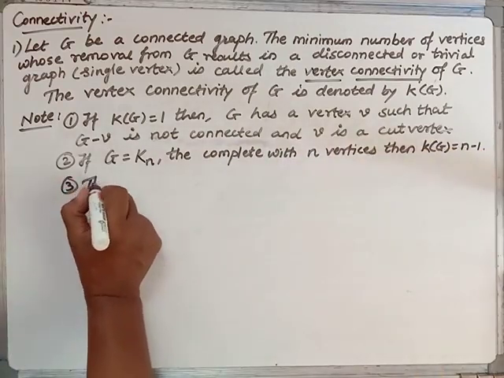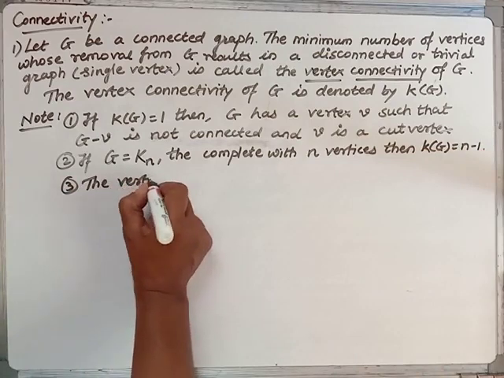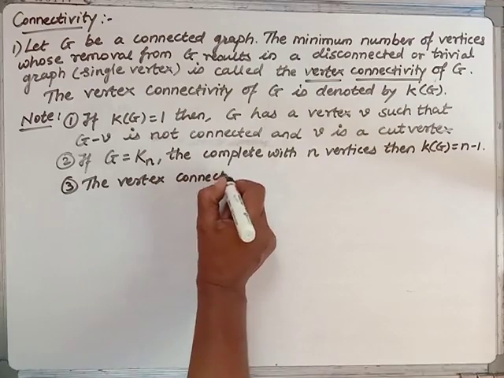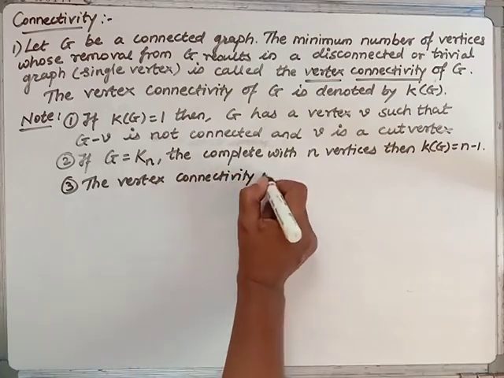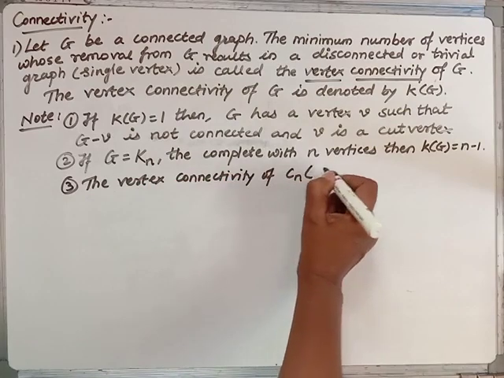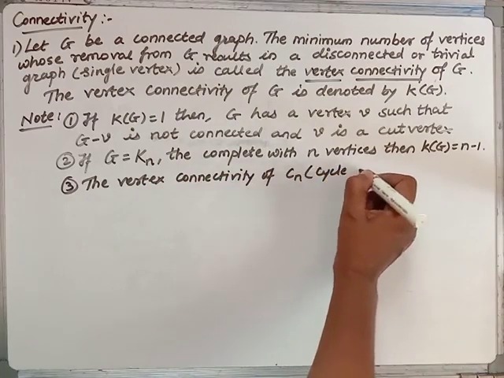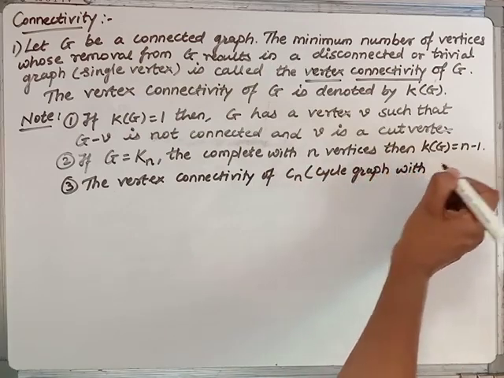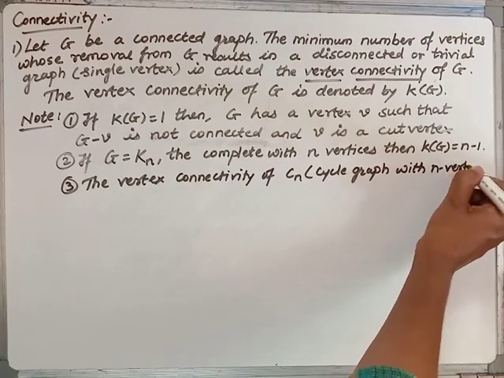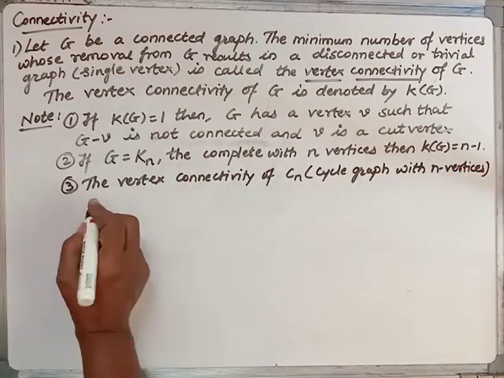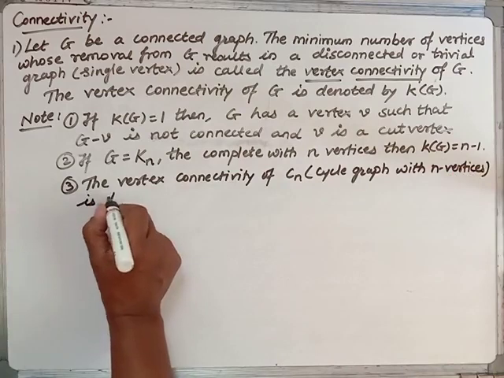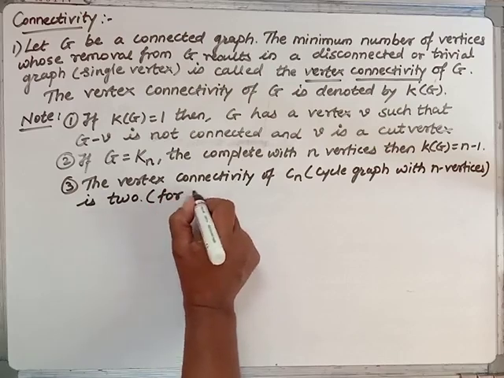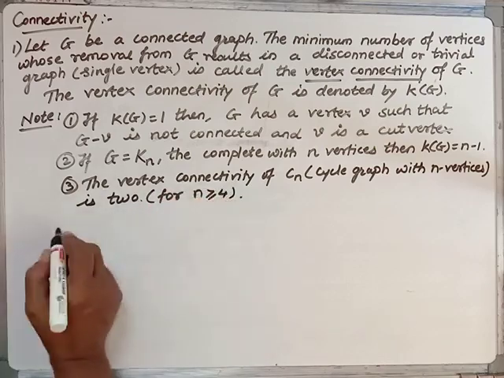Third, the vertex connectivity of Cn, the cycle graph with n vertices, is 2 for n greater than or equal to 4 obviously.